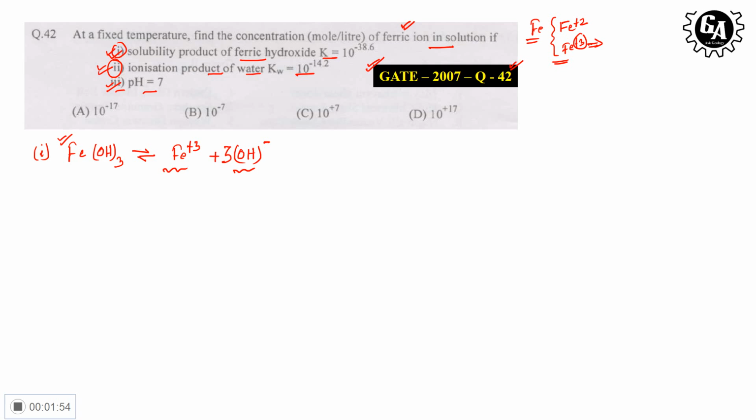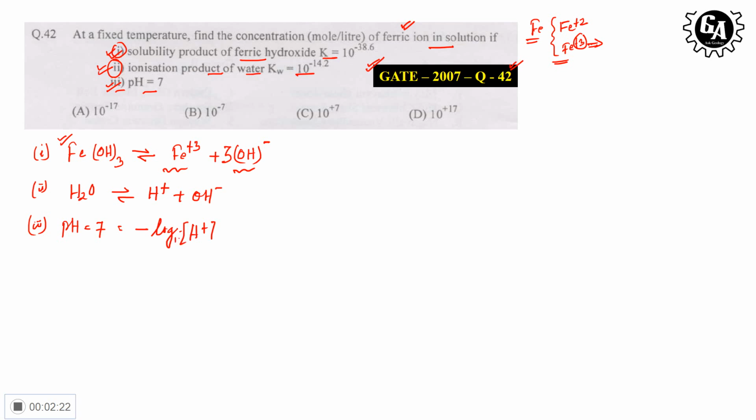And the second one is the ionization product of water. If water gets dissociated, it will form H plus and OH minus. See, the charge balance is also there. And the third thing given is pH equal to 7, and we know pH is the negative logarithm of the H plus concentration.